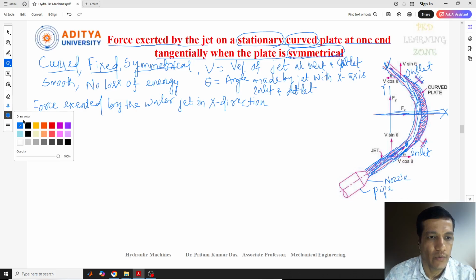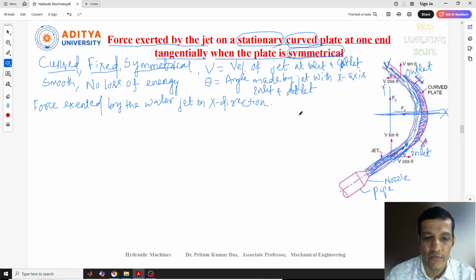These two things we need to calculate here. So in the first condition, we know that Fx equals the rate of change of momentum, or we can write this as the mass per second into the change in velocity.